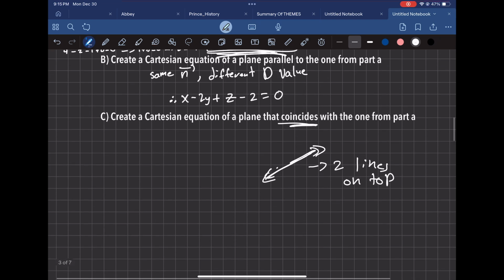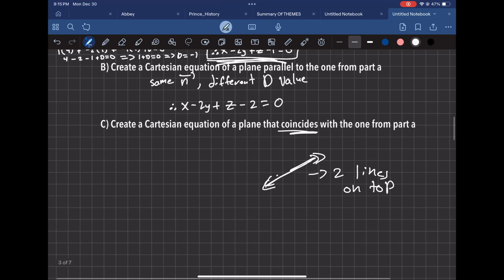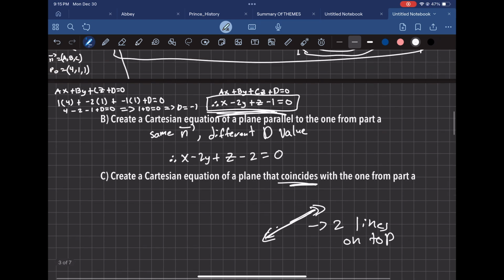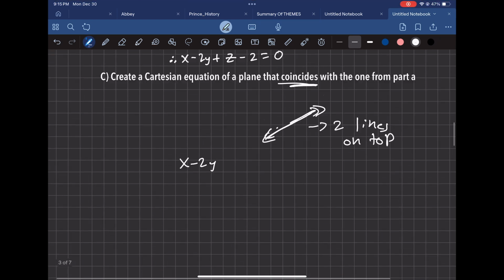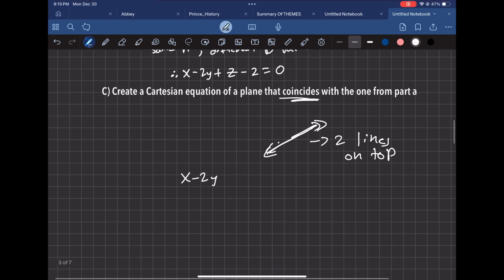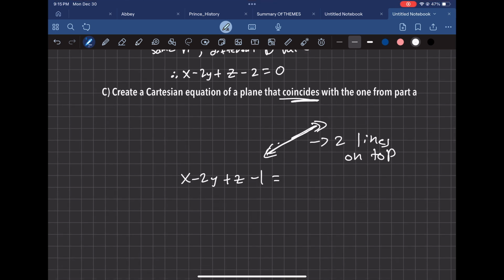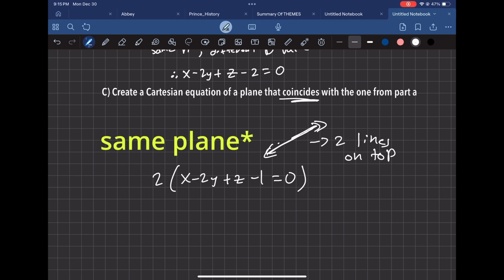So one way we can do this is just to get the first plane that we made, x minus 2y plus z minus 1 equals 0. And we could just multiply this entire thing by a factor of 2. This would technically still be the same plane if we were to graph it, just multiplied by a factor of 2, and these would be directly on top of each other.